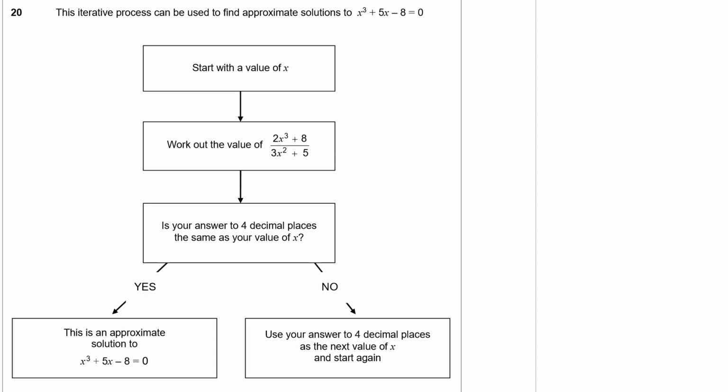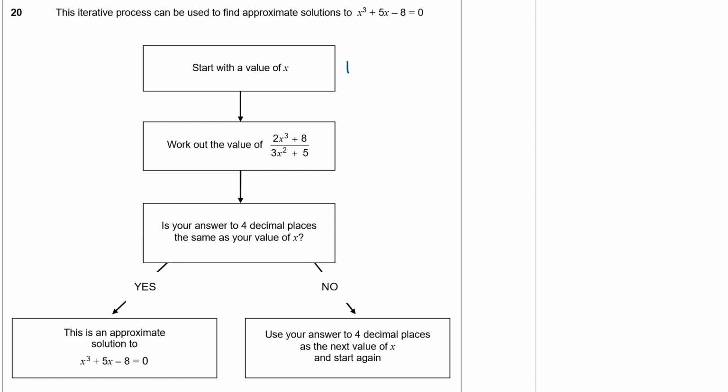So let's do that then. I'm going to start by inputting the value of 1, so x is equal to 1. Work out the value of 2x cubed plus 8 all divided by 3x squared plus 5. Now that's easy, as x is 1. 1 cubed is 1, times 2 is 2, plus 8 is 10. So that's 10 divided by 3x squared. 1 squared is 1, times 3 is 3, plus 5 is 8.